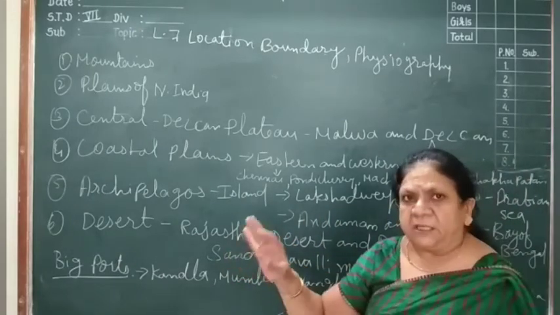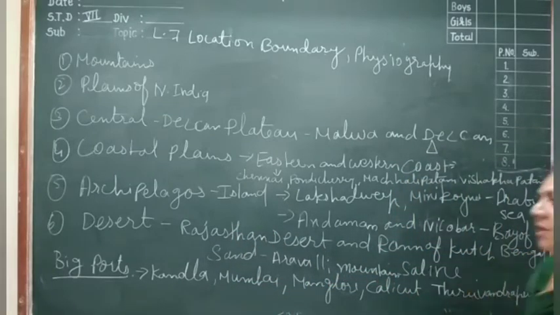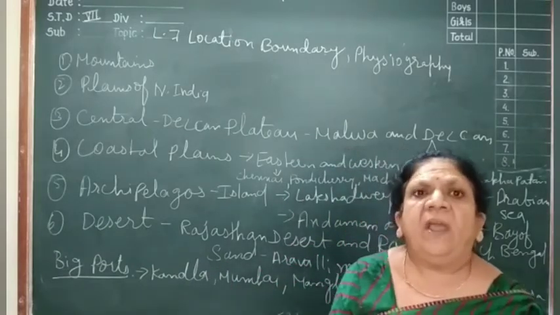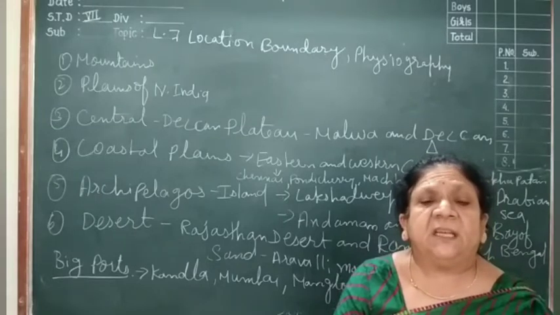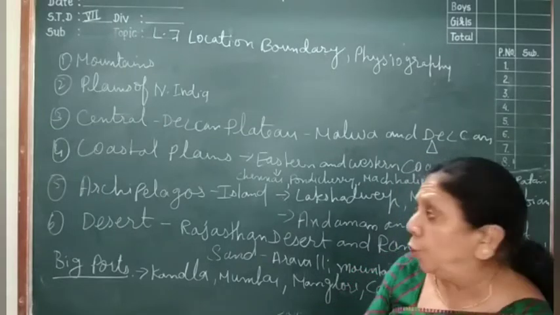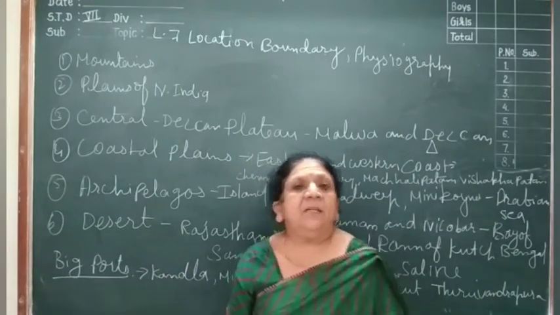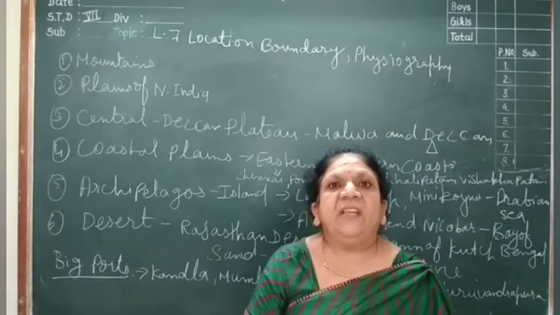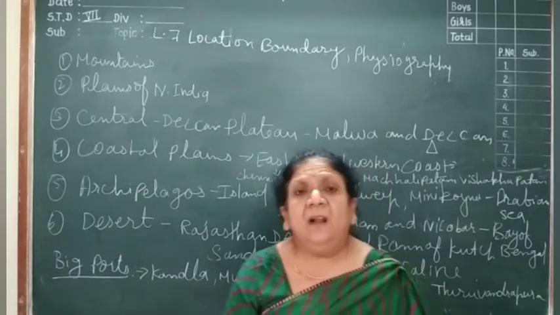There are small deserts also, but the Rajasthan desert and the Rann of Kutch are the two main deserts of India, where sandy soil is necessary for dates. So dates are grown here more and more, and there are no other animals but the camel, which is used for transportation in the desert areas.